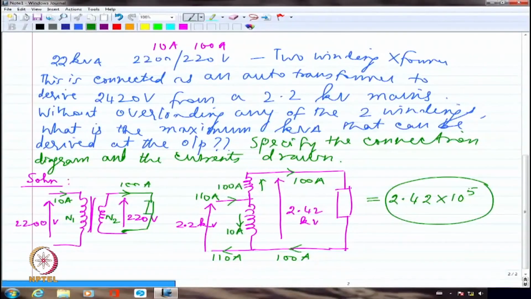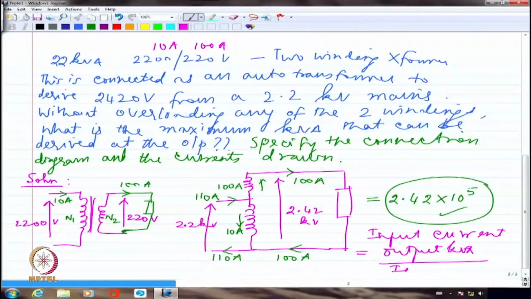Output kVA I have designed first. I have derived first. So input kVA has to be exactly same as this. So if I have to derive input current, input current has to be whatever is the output kVA divided by input voltage, because I am assuming input kVA equal to output kVA.